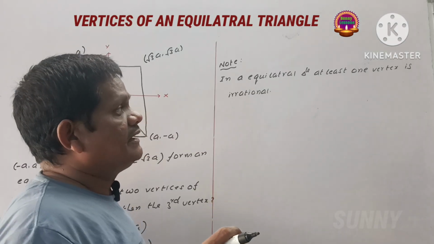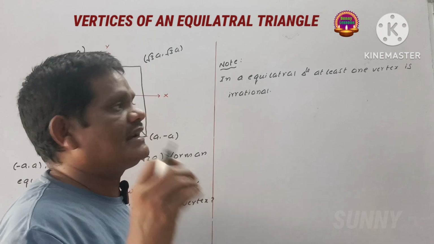In an equilateral triangle with integer vertices given, at least one vertex is an irrational number.